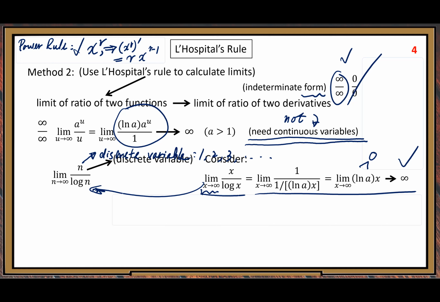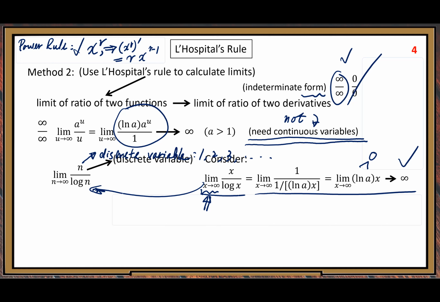So when you look at this, I would like you to focus on this place. When we say x approaches infinity, do you know in what specific way x approaches infinity? Because you can make x approach in so many different ways, right?